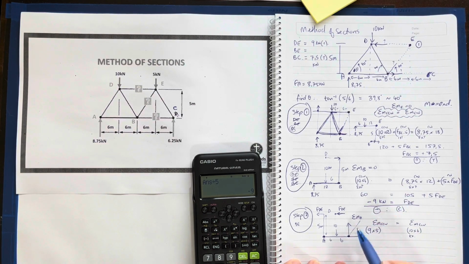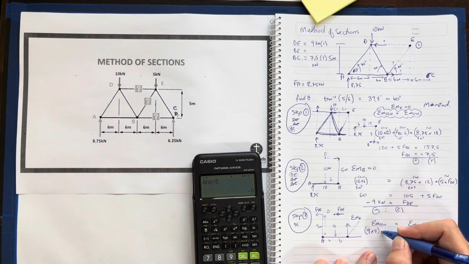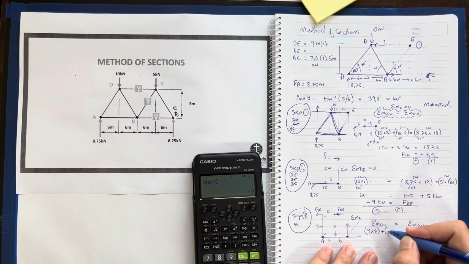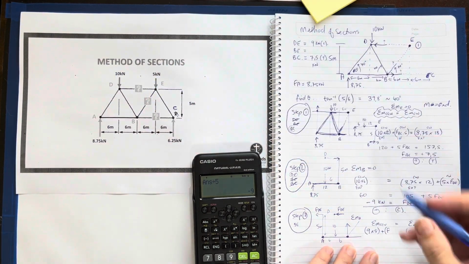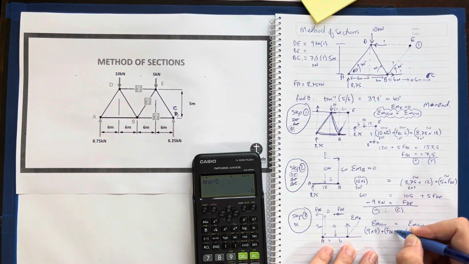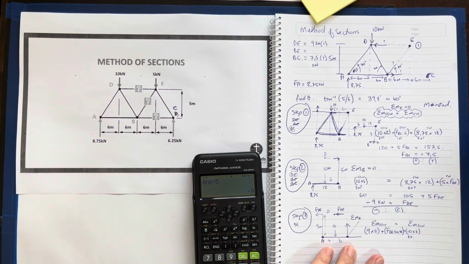I assume it's going in that direction, which is, again, also counterclockwise. But it's now going to be force BE, which I'm trying to solve, sine 40. And that's it. I've got no other forces.